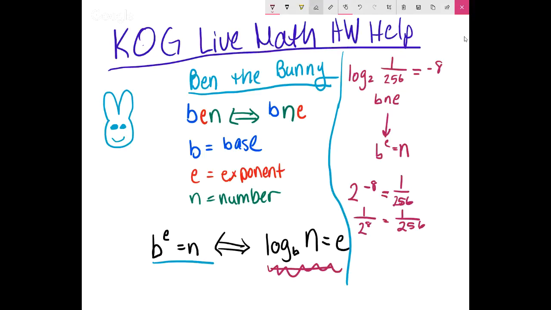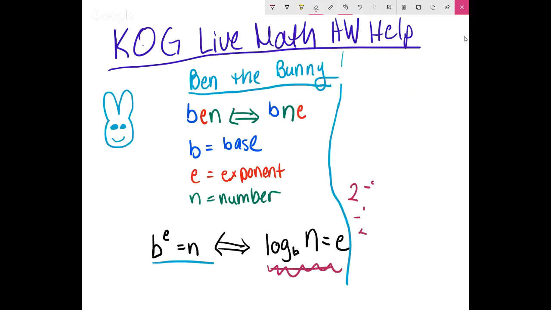Okay, so let's do one more, and then we're pretty much done with converting logs to exponents and vice versa.